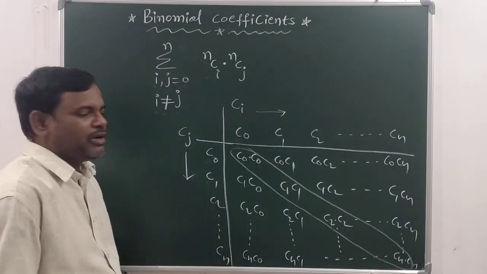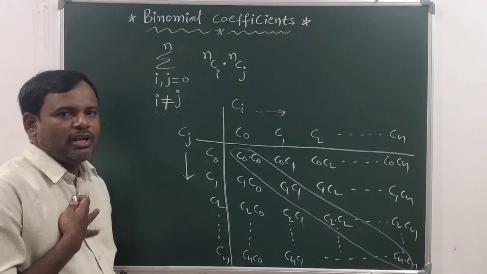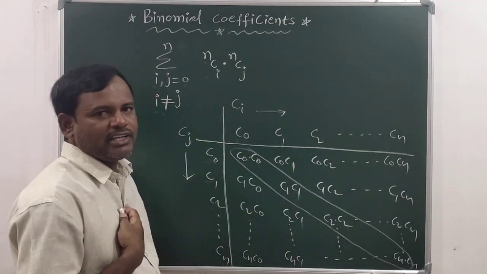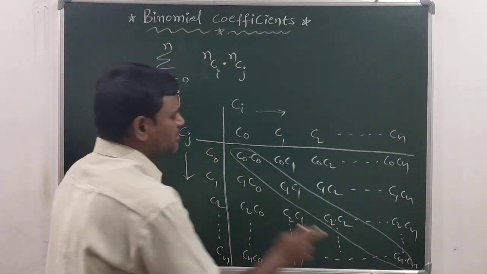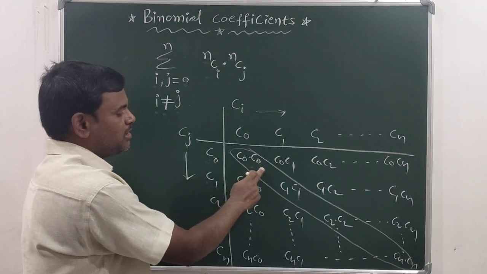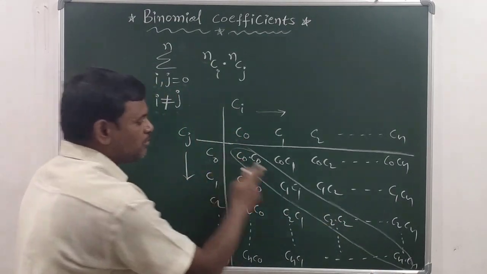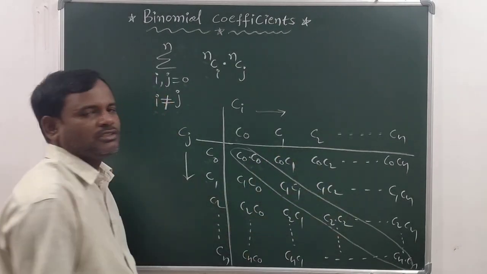See how I am going to get this required sum. First I would like to add all of them. After getting the sum, from it I can subtract C0 C0, C1 C1, C2 C2, Cn Cn. So this sum I subtract from the sum of all these possibilities.